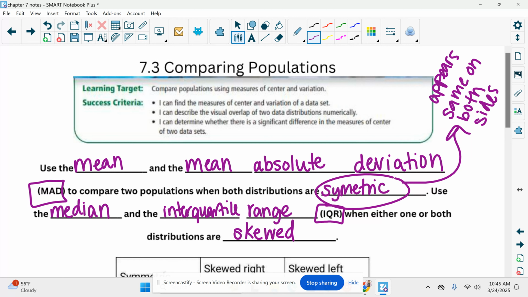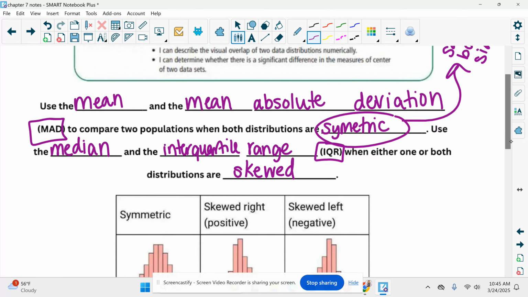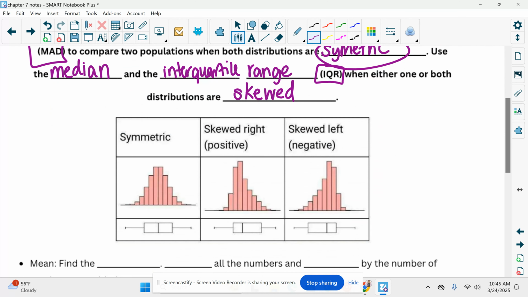So I provided you with some pictures down here so that you can see the difference in a symmetrical graph and a skewed graph. So if you look down here, do you see how on this symmetrical graph it makes kind of like a hill?